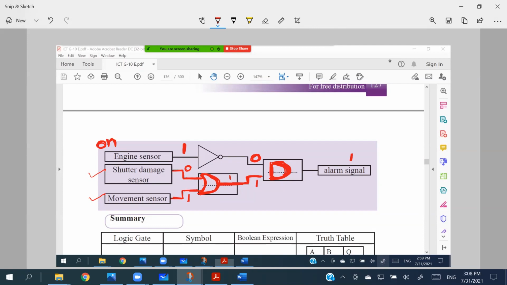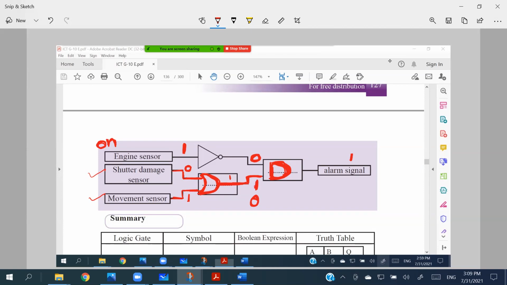What happens when the engine is on? This produces 1, this produces 0 then. Right? So whether the shutter is damaged or not, anyway, in this place it is going to receive a 1 or a 0. Those two are what can come here.